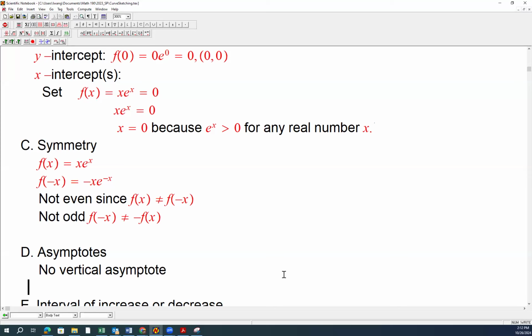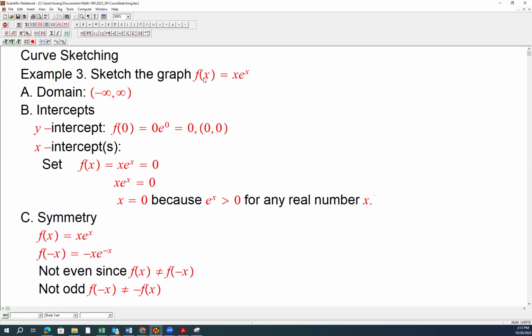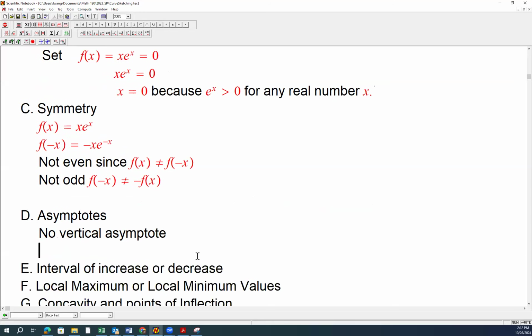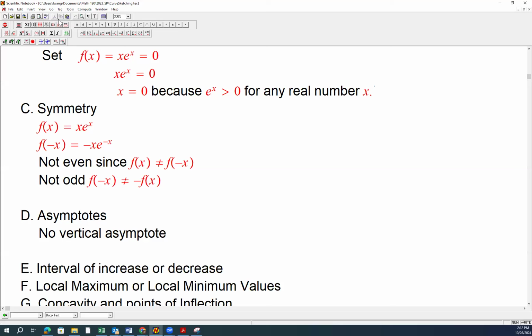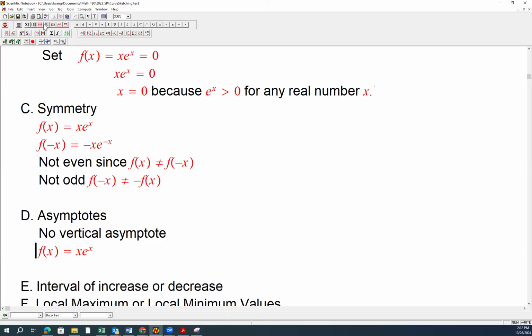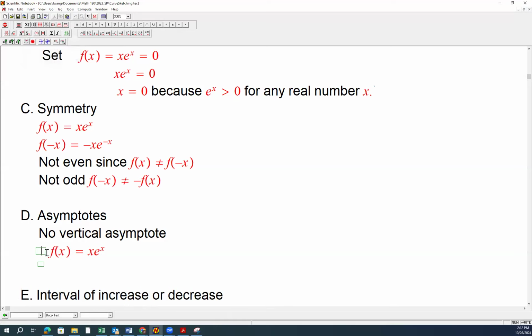Horizontal asymptotes are found by taking the limit when x is approaching positive infinity or negative infinity.